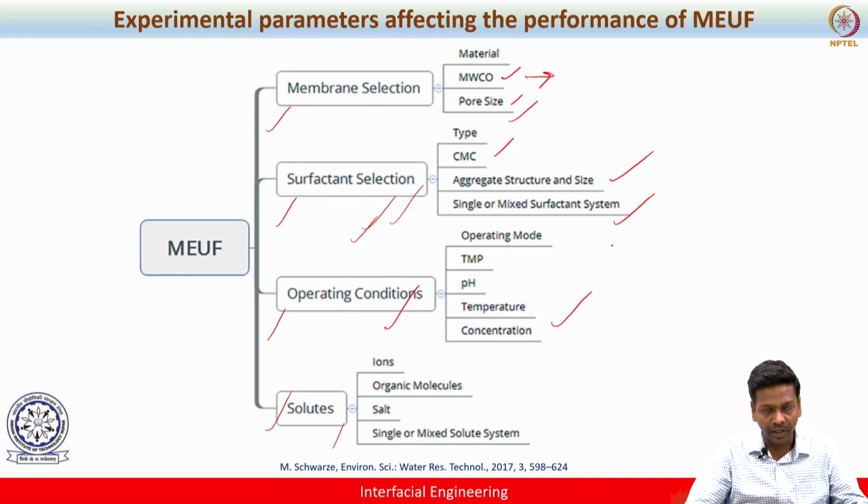Next comes the operating conditions. What is the TMP, the transmembrane pressure? It is going to be the driving force of the membrane, so one has to choose the TMP accordingly. Then pH. Sometimes pH is very crucial, in addition to temperature and concentration, because when you want to remove ionic impurities, we might employ an ionic surfactant.